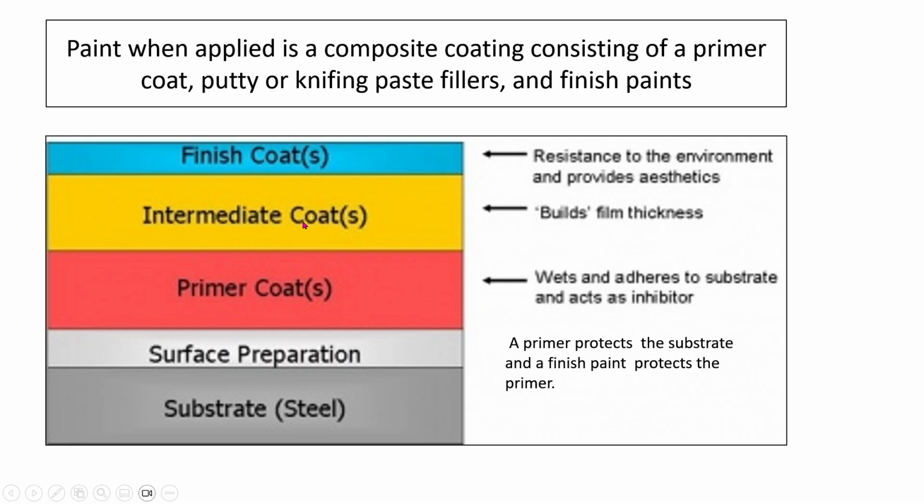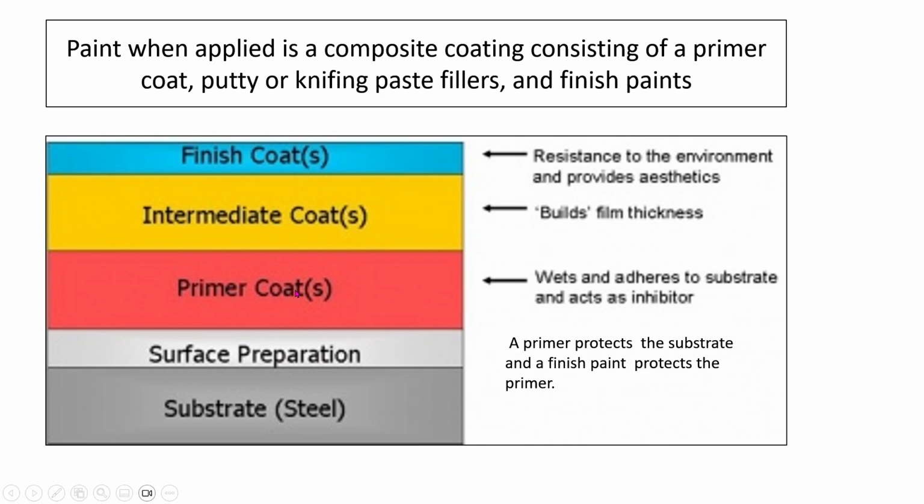What is the primer function? It wets and adheres to the substrate, steel etc., and acts as an inhibitor. Then the intermediate coats build the film thickness. Every paint has some thickness, and to increase it we use the intermediate paint to build up film thickness.